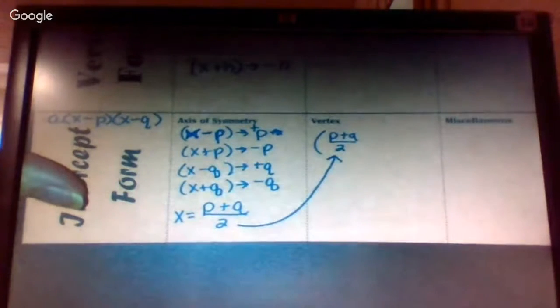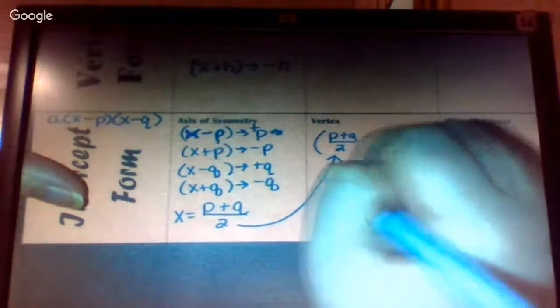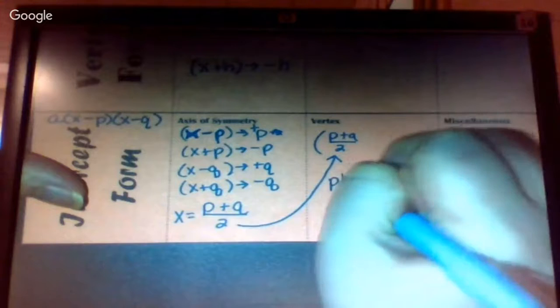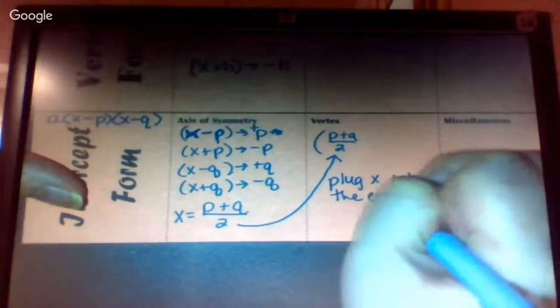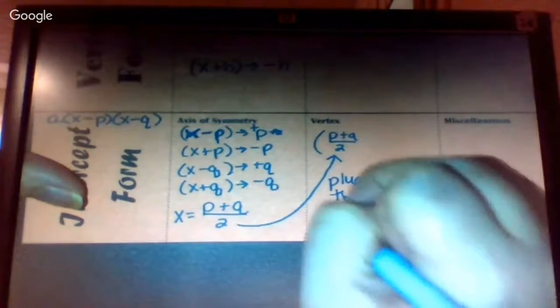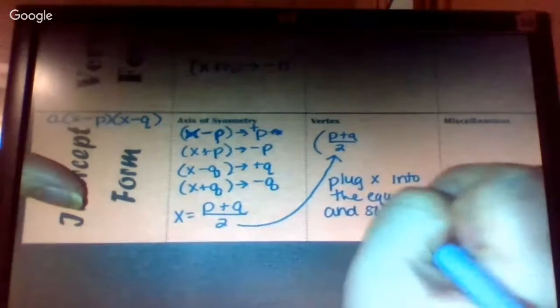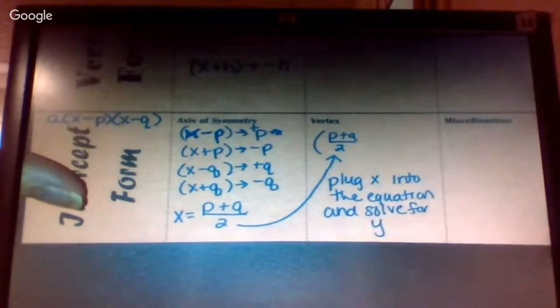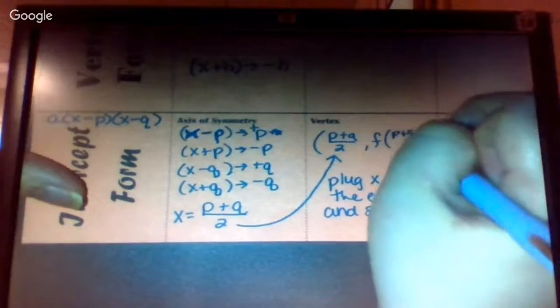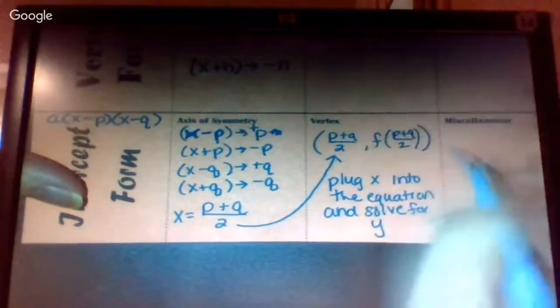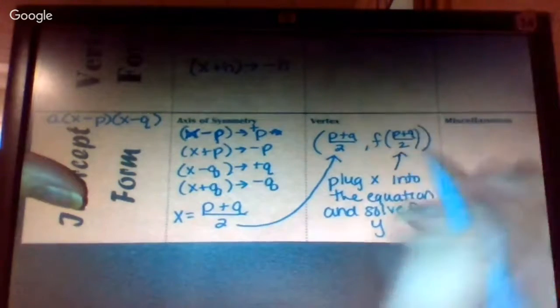So whatever value you get here, again, goes here. When you have your x value, to find your y, we plug x into the equation and solve for y. And then this value goes there.